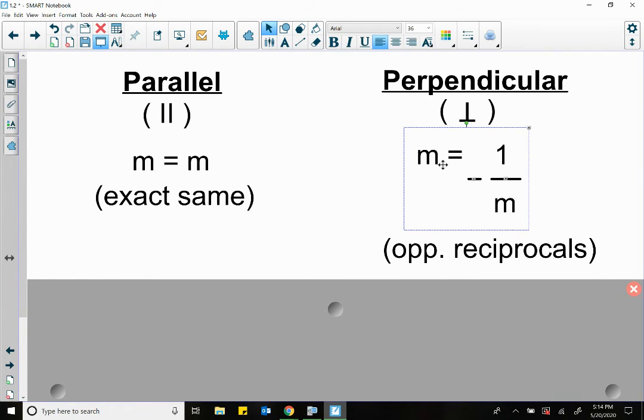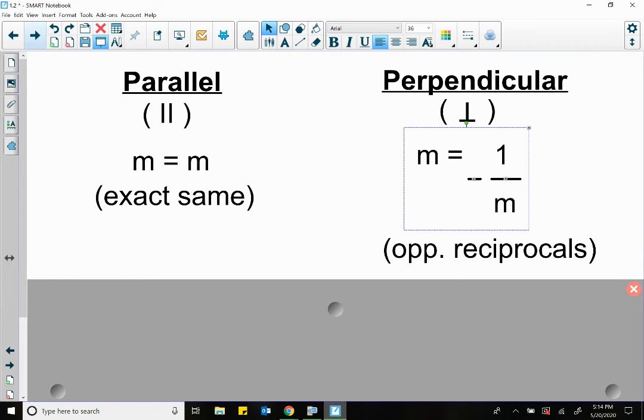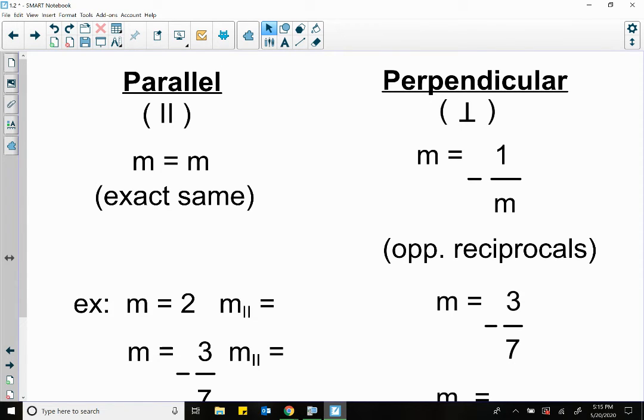So perpendicular slopes are opposite reciprocals. Opposite meaning that the slopes change signs. So one slope is positive, one slope is negative. Reciprocal means flip it. Flip it. I think I have some examples down here that show you.